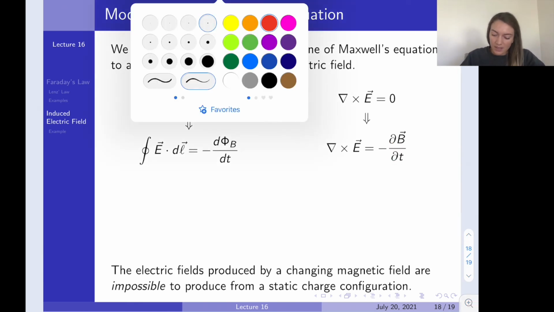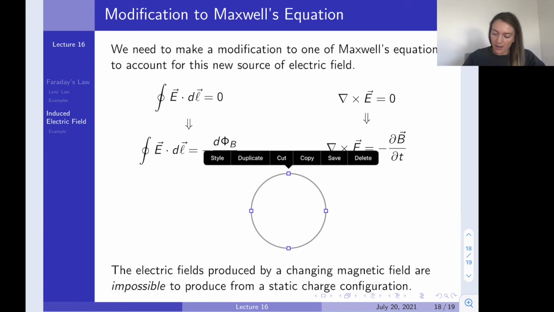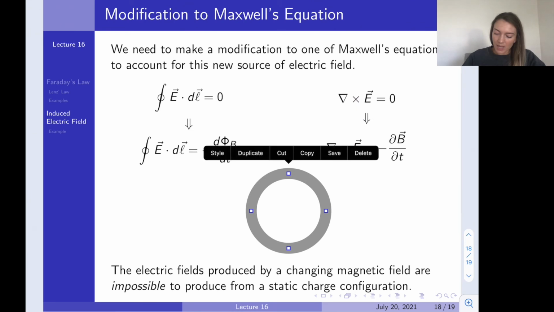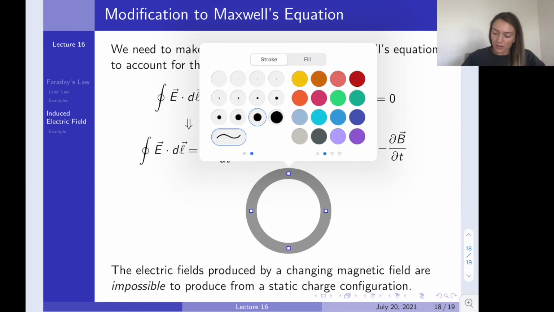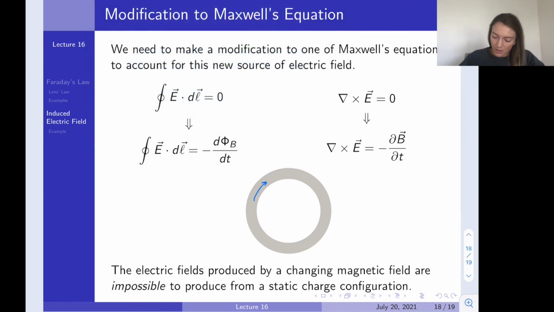Both of these equations say the same thing. Remember, we just saw the case where we had a wire, and we had some electric field present in this wire.